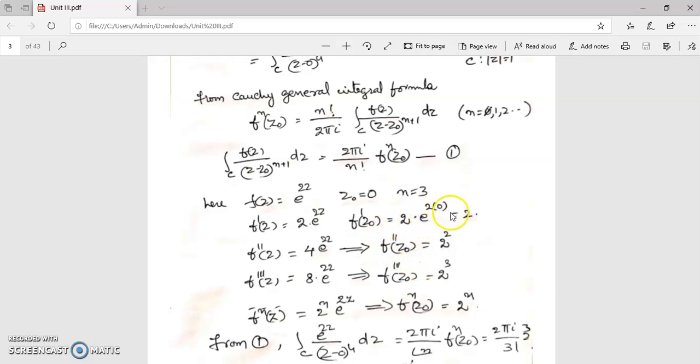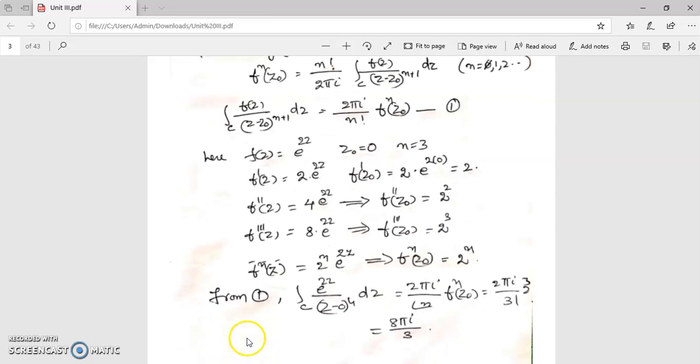So substitute z0 is equal to 0, and after substitution we will get the third differentiation at z is equal to 0 is equal to 2 cube, or 8.